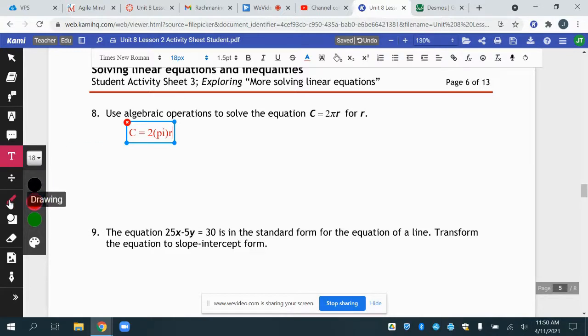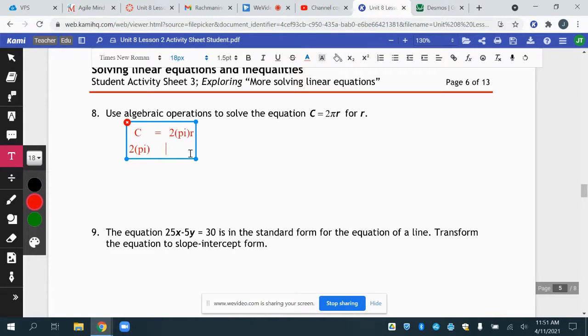So here's what it looks like. I'm going to divide by pi and 2 here. Just so you know, it's okay to just type pi. You're in a computer situation. Computers actually know what that means. So in a lot of situations, if you just type pi like this, the computer will be like, oh, yeah, I know what to do with that.